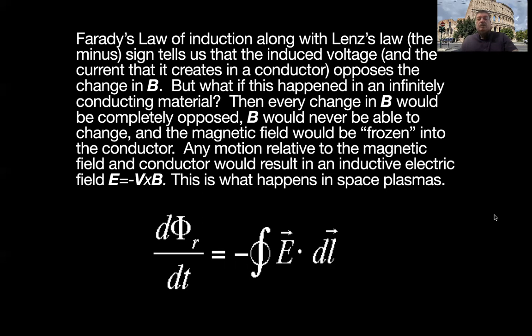And so if I try to change the magnetic field, an induced current appears that cancels that change. And so the magnetic field is frozen into the plasma. So where the plasma moves, the magnetic field has to move with it. And the plasma can move under forces like gravity or a pressure gradient or other forces that would cause the plasma to move, and the magnetic field would move with it.